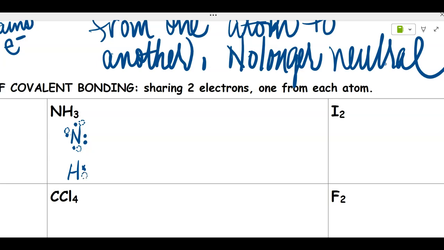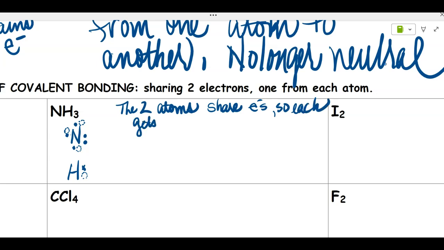It wants 2 because in the inner energy level it just has 2 electrons. So what happens? They don't transfer electrons. The atoms share their electrons, so each gets a full valence energy level.